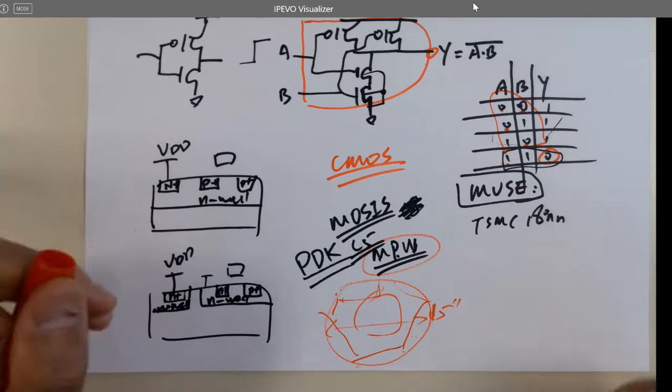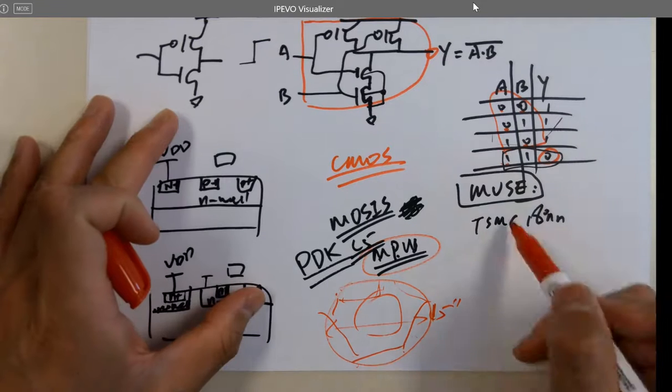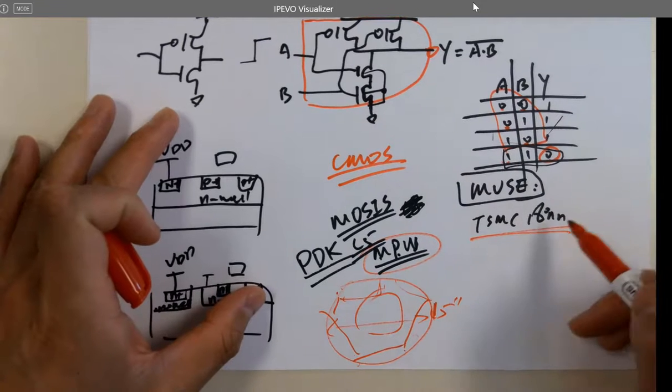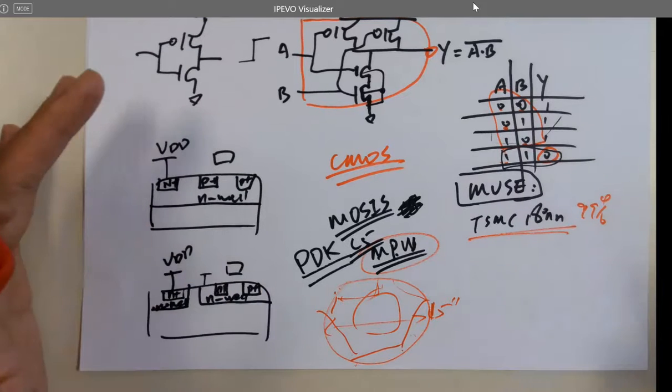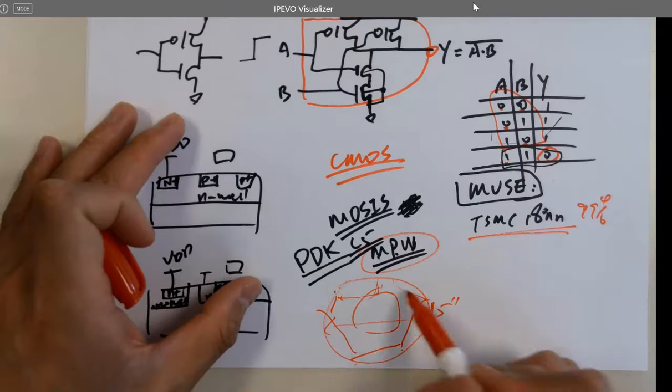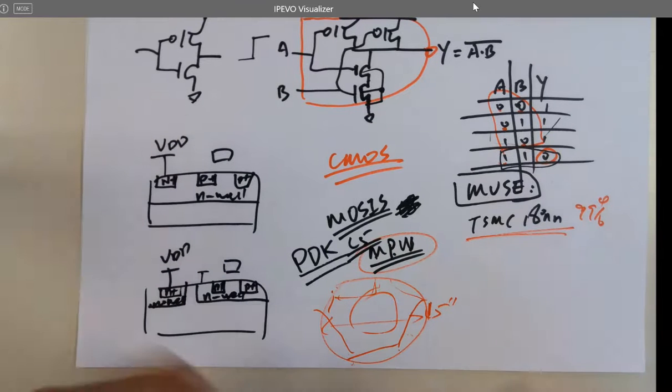The yield in the center is pretty much perfect. Even for TSMC, for the overall wafer, it's still over 99%. I think you're right. These ones are probably somewhere around 100%.